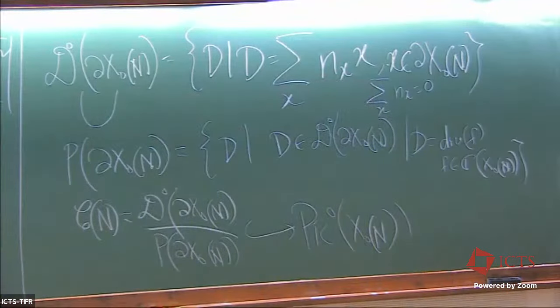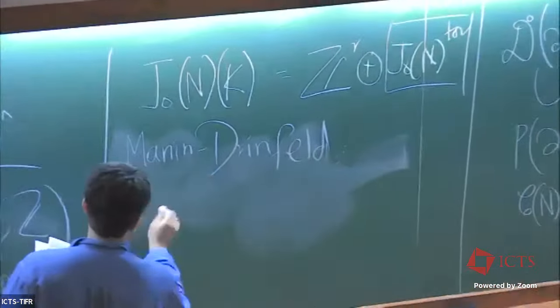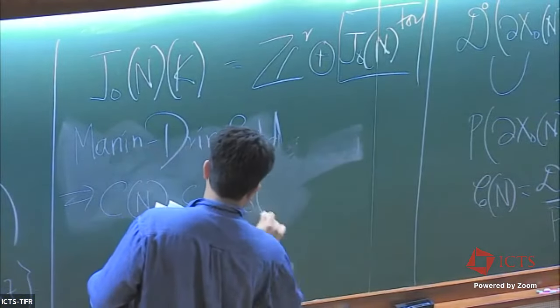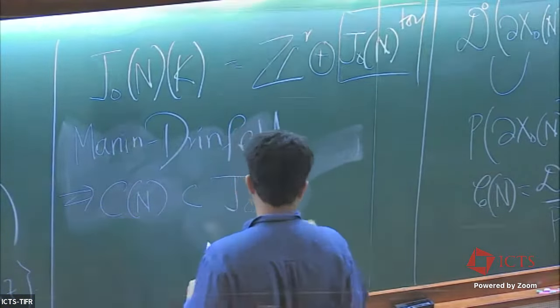So what is the connection between this and that? The connection is established by an old theorem, the Manin-Drinfeld theorem, which implies that C_N is contained in J_0(N).